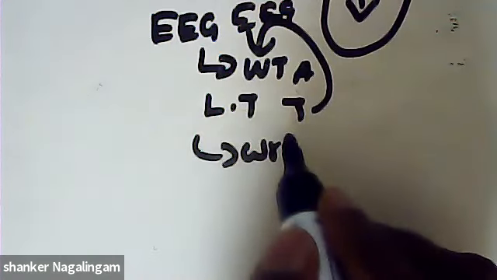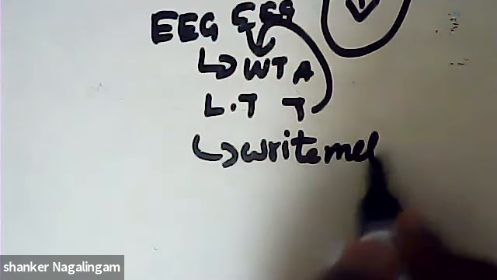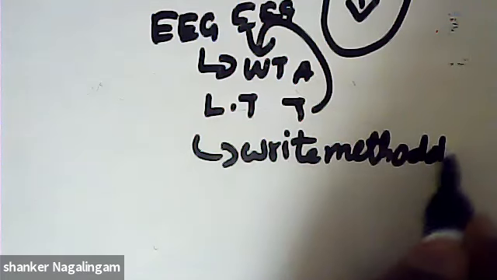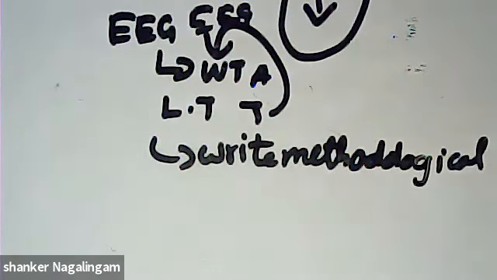This is how you can go for your methodological order. We will discuss elaborately how and where to follow the methodological order. But still, when you talk about methodological order, this is the way you have to put it.